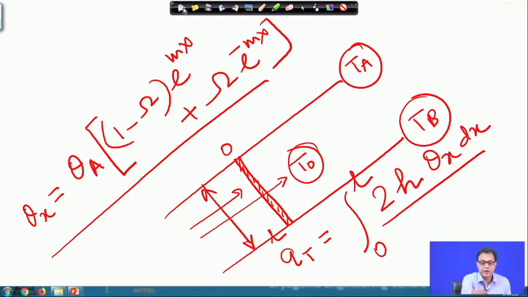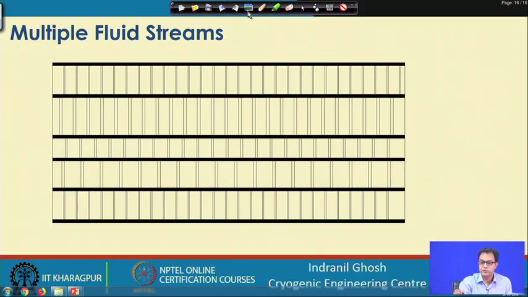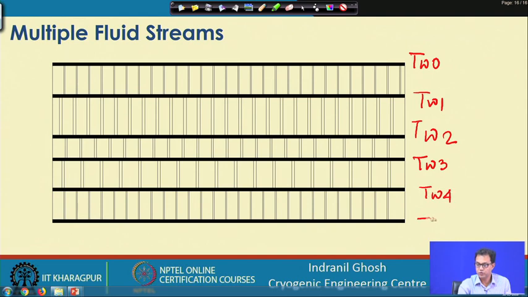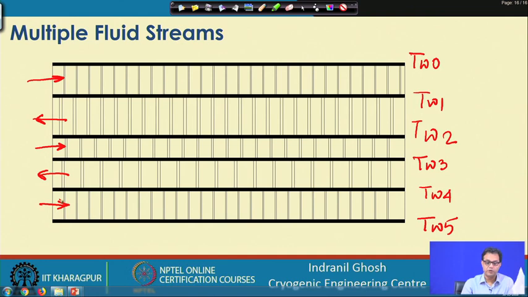If you look at that particular geometry, if it is a 5 fluid stream heat exchanger, say we have T W 0, then we have T W 1, then we have T W 2. These are the wall temperatures, separating wall temperatures. Then we have T W 4 and T W 5, and we have for 5 fluid stream depending on their configuration, maybe they are in counter current to each other, or it may be a parallel counter combination.